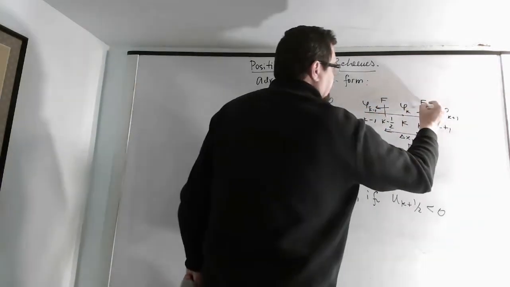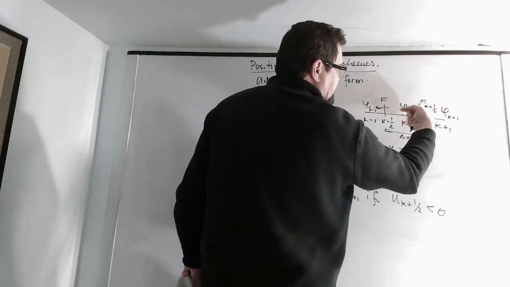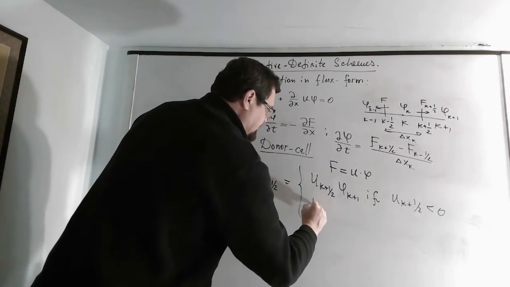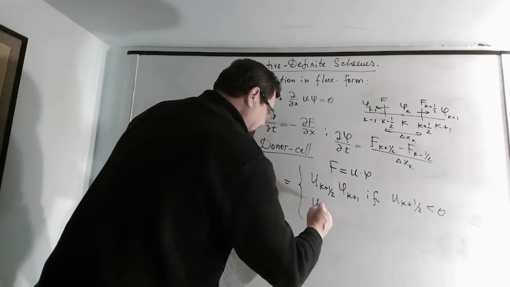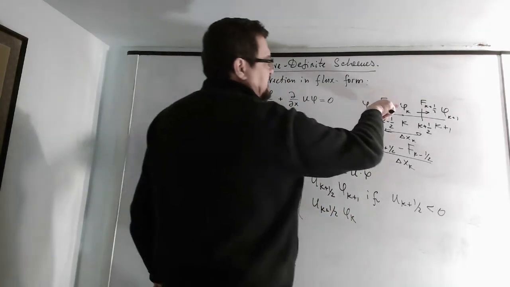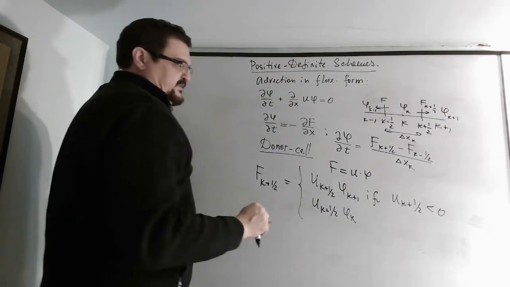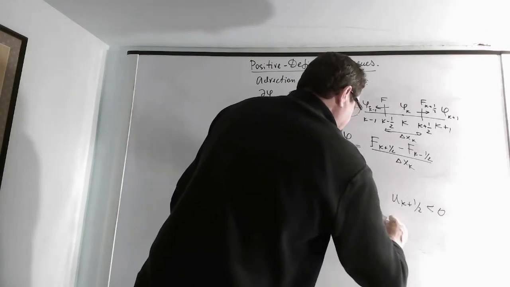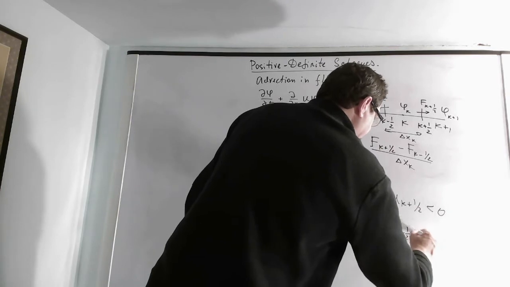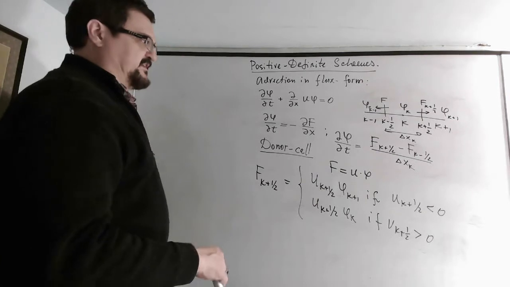This flux at k plus 1/2 is based on the value of this cell only if the velocity is pointing in this direction. Otherwise, it's u at k plus 1/2 times phi k. So if velocity is leaving this cell, it only carries the value of phi with it, if u at k plus 1/2 is greater than 0. If it's equal to 0, flux is 0, nothing really happens.